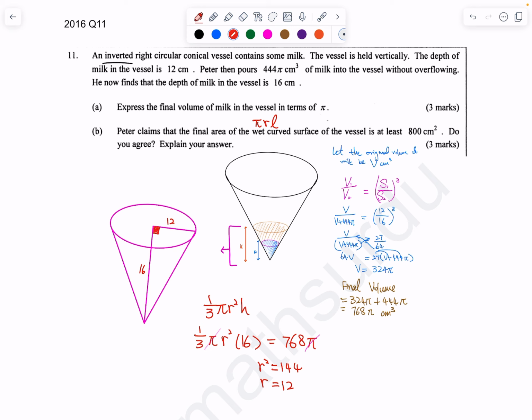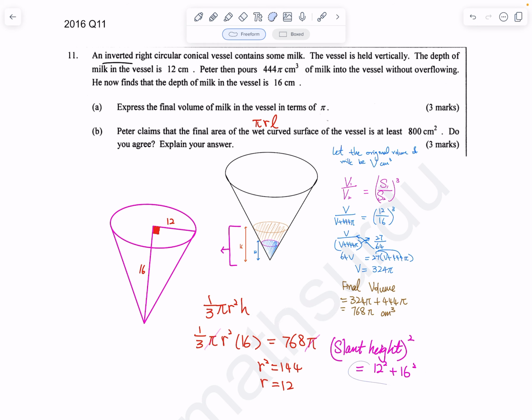So I can use Pythagoras theorem to find the slant height. a and b are the lines next to the right angle, so the slant height is a square plus b square. Okay, you can write like that.